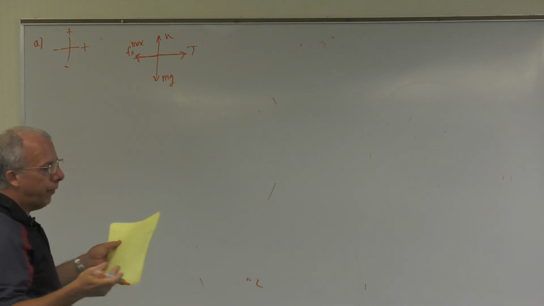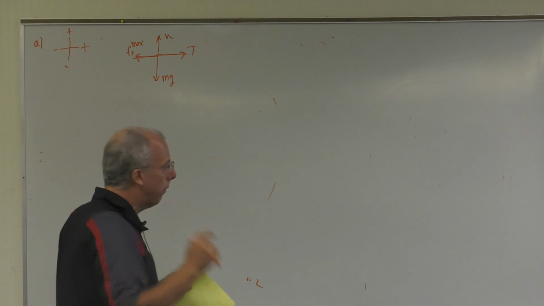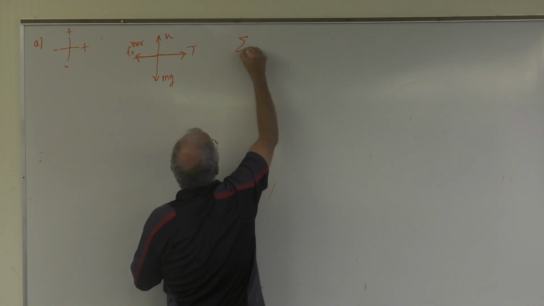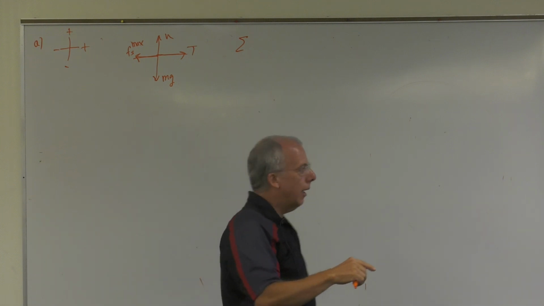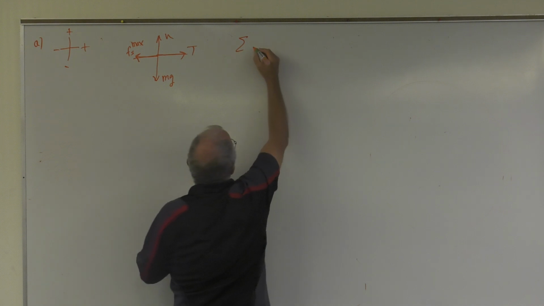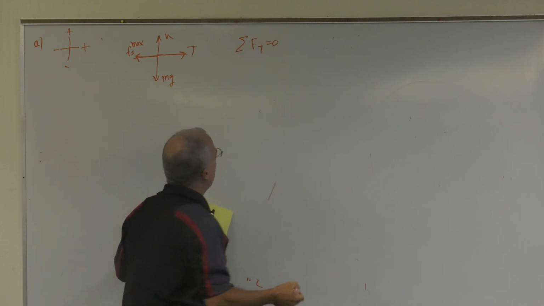And there's friction, so that means you need a normal force, so you do your Y problem first. Is the thing accelerating this way? Of course not. So the sum of the Y forces is 0, right? And what do we have?